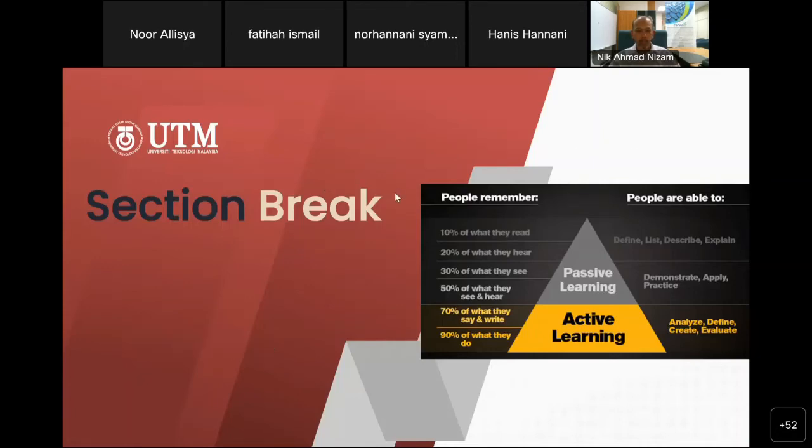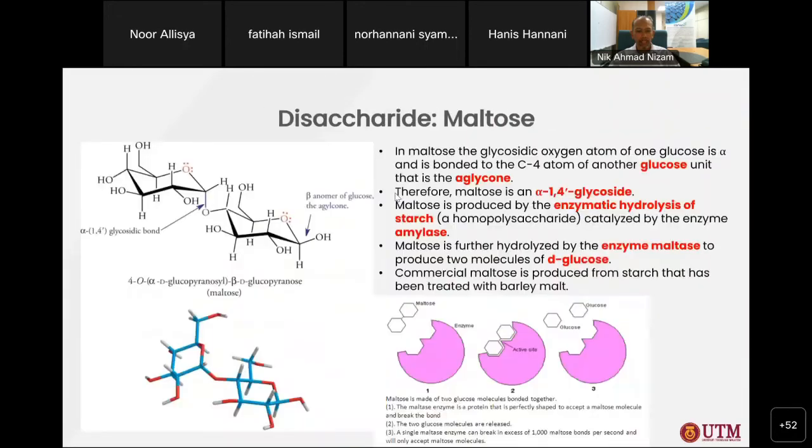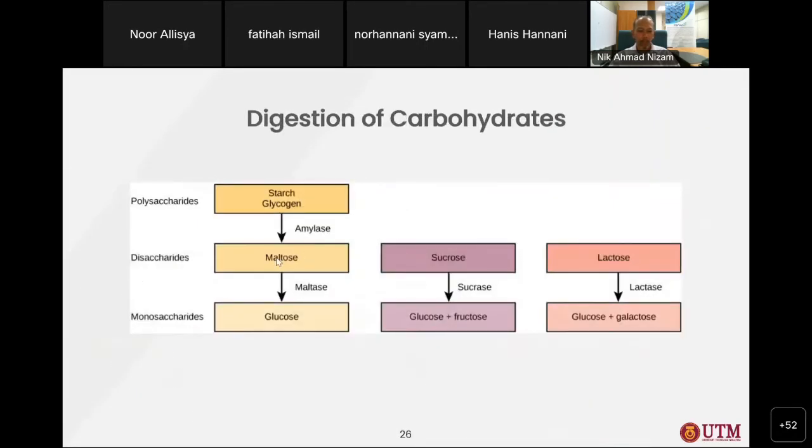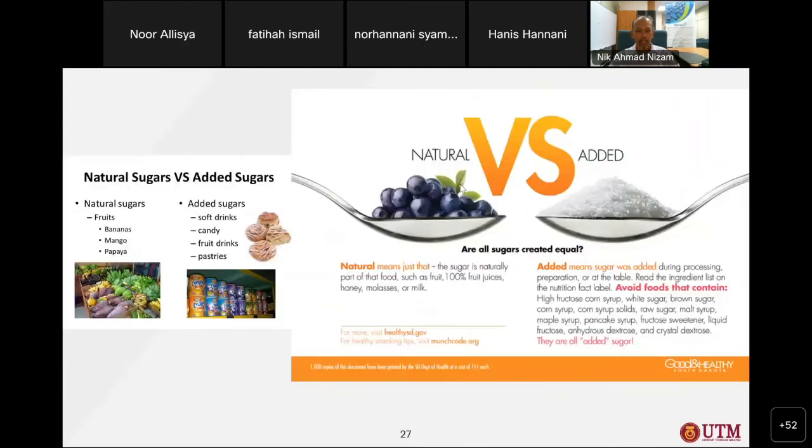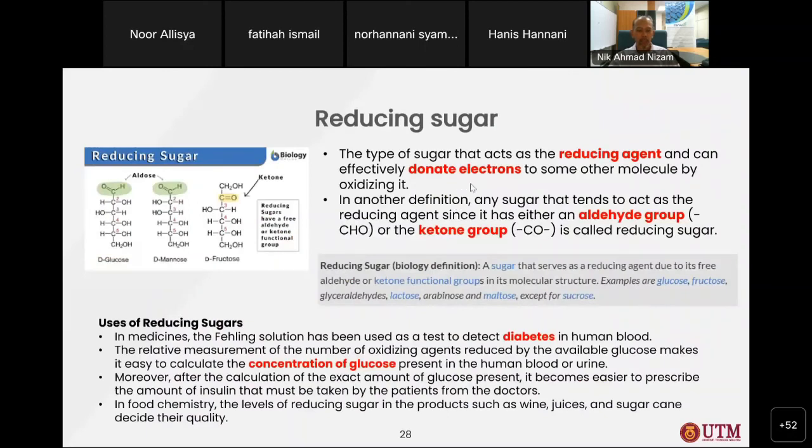So you have learned about disaccharides: maltose, sucrose, and lactose. You need to remember that lactose is composed of glucose and galactose, sucrose is glucose and fructose, and maltose comes from two molecules of glucose. This is what you have learned today. And then you learned about reducing sugar, which is also very important.